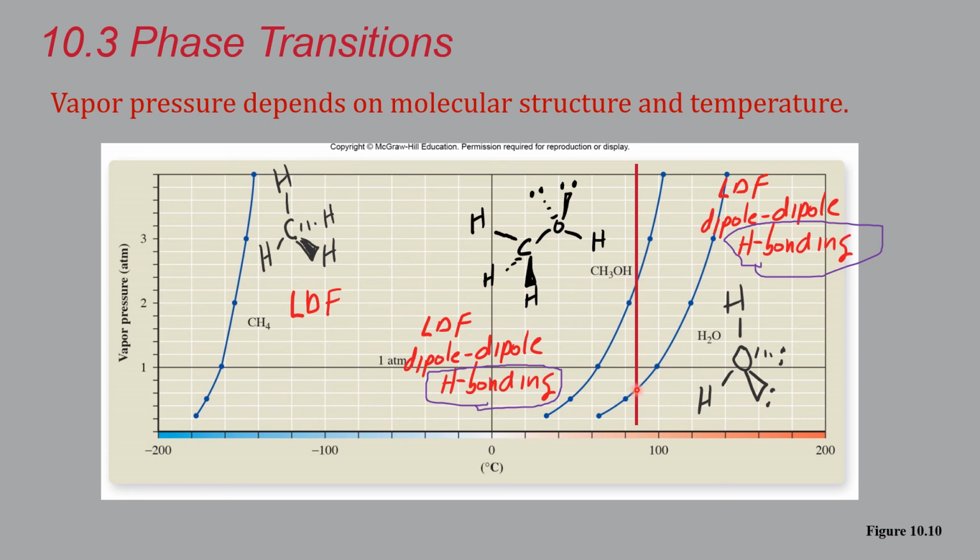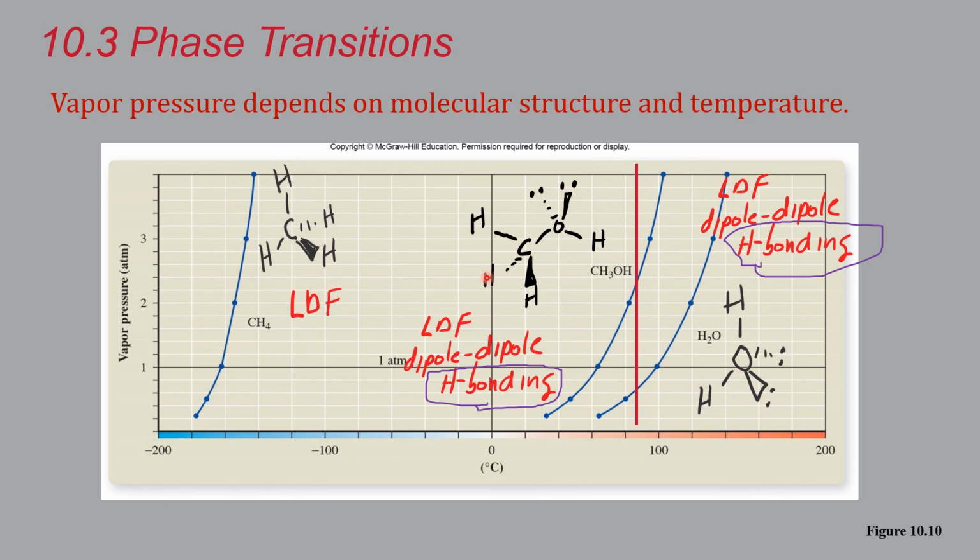And again, you can use that to imply that the intermolecular forces in methanol are weaker than they are in water, because at a particular temperature there's way more of these guys in the gas phase than there are of this one. And since the vapor pressure of methane would be way off the scale in this case, you can infer that those intermolecular forces are much weaker than what you've got in either one of these two.